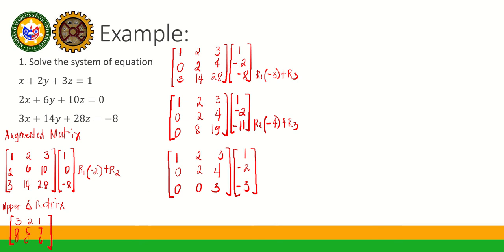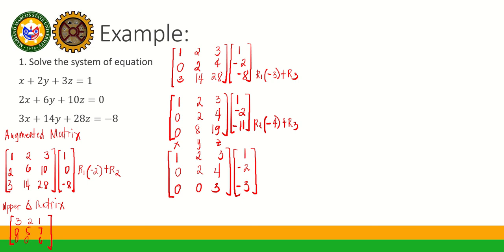So, we can apply yung back substitution na sinasabi ng ating row echelon form. Okay. So, balik natin yung mga variables dito. So, this is for variable x, this is for variable y, and this is for variable z. So, yung numerical coefficient ng variable x natin dito is 1, variable y is 2, variable z is 3, and the constant is 1.